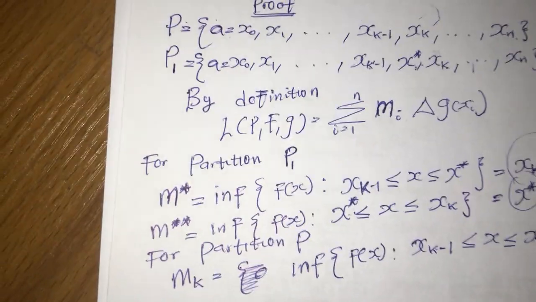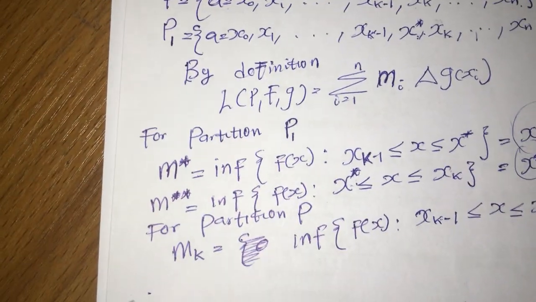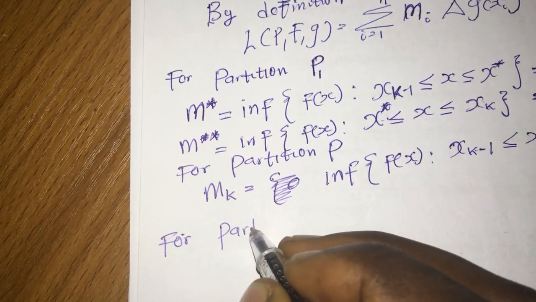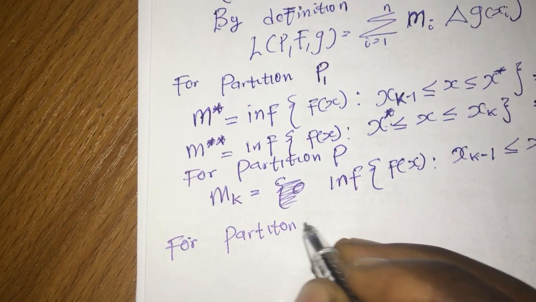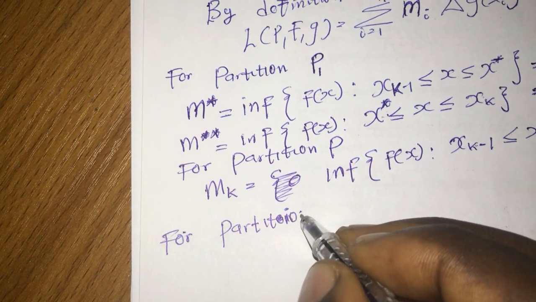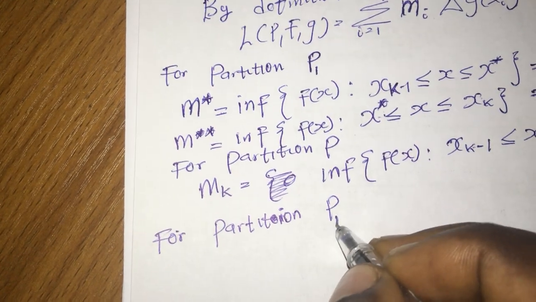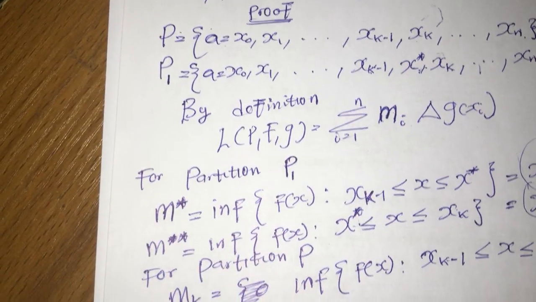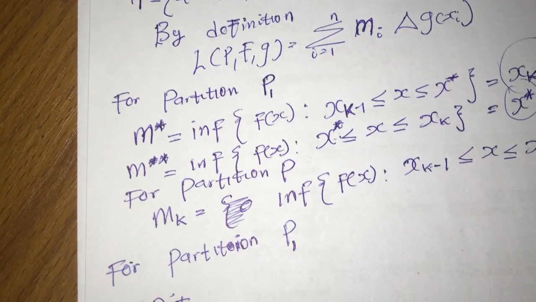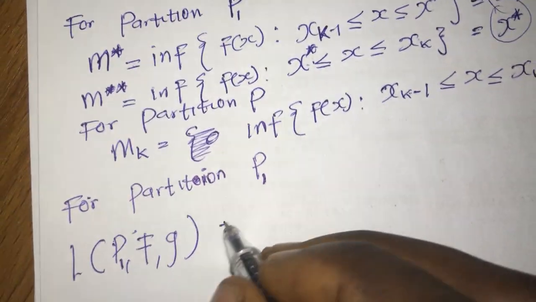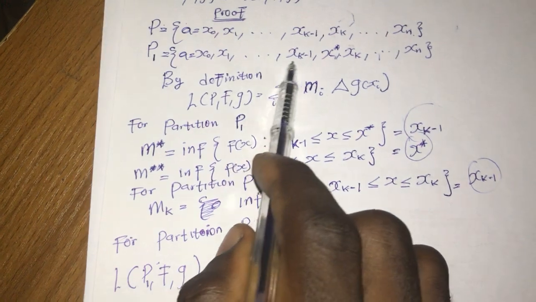Do you get it? Now let's have this for partition P1. Let's have our lower Riemann-Stieltjes sum now. So L(P1, f, g) is equal to, now let's look at this stuff here.